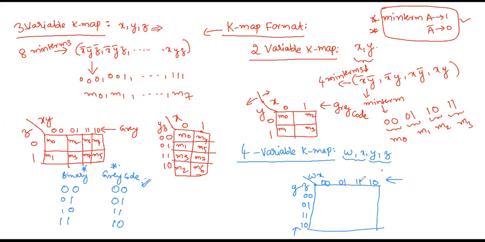Okay. Here four combinations are there. Here four combinations are there. So totally you will get 16 different square cells. Each square cell is a minterm. With four variable K-map, we have 2 to the power of 4 minterms.